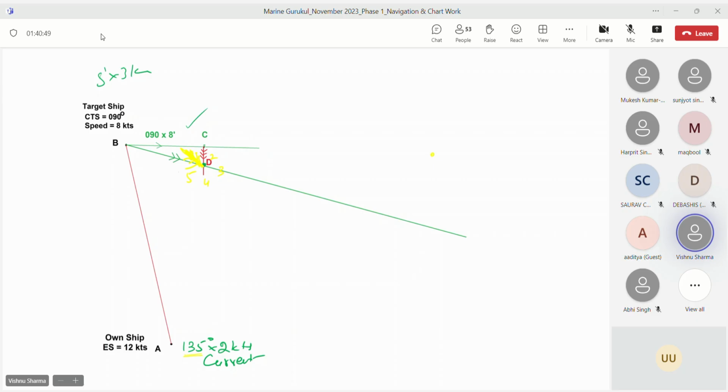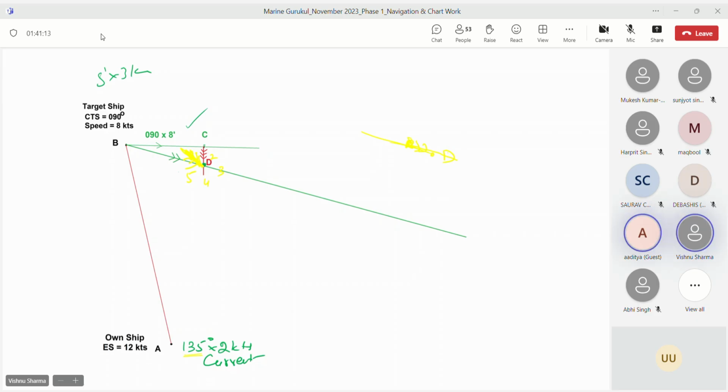If I have to reach D, then basically 135 has to act on me like this to bring me to D, correct? Yes, sir. And how many miles? 2 miles. So I should be here at this point. From here, the 135 2 knots current will bring me to D. Yes or no? Yes, sir.